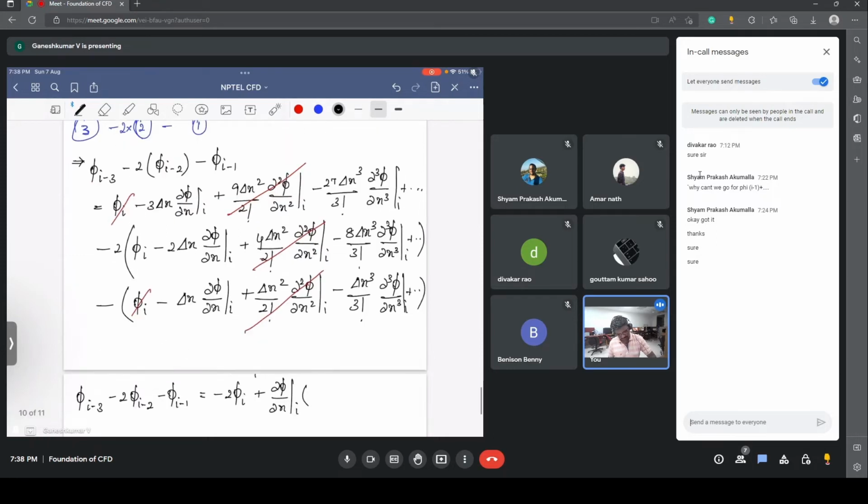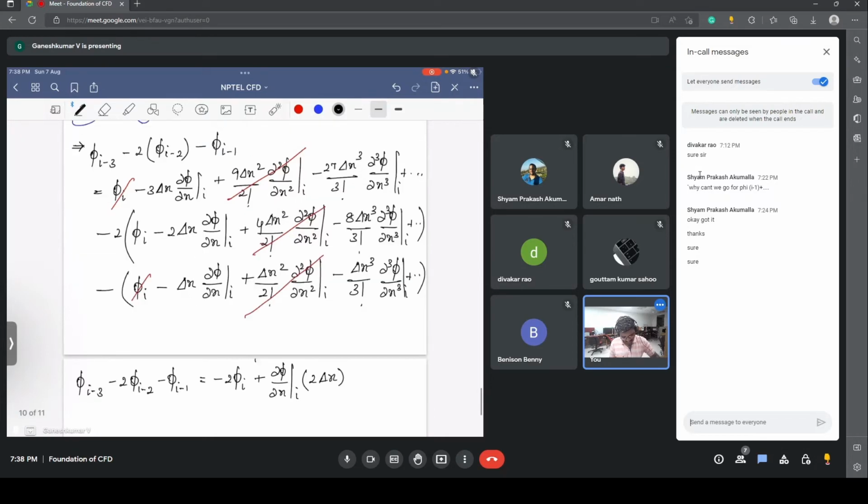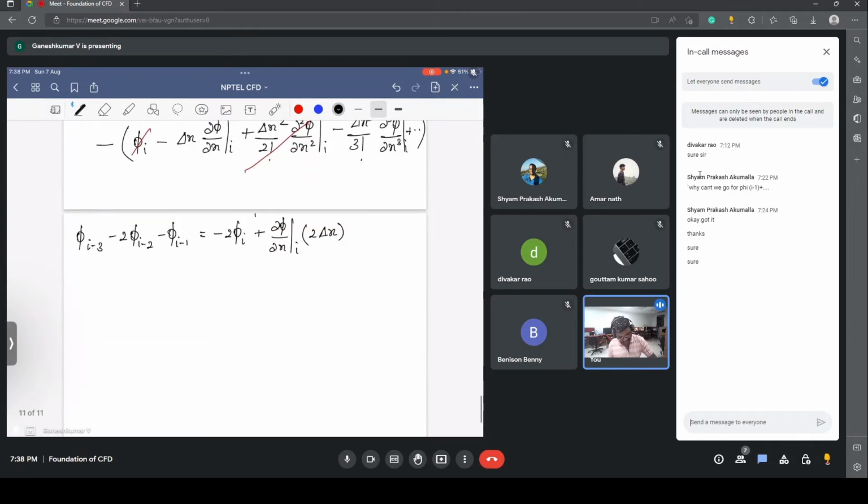So it has minus 3 delta x, and minus 2 into minus 2 is minus 4 delta x, and so 4 plus 1 is 5 delta x, 5 minus 3 is so it would be 2 delta x, right?